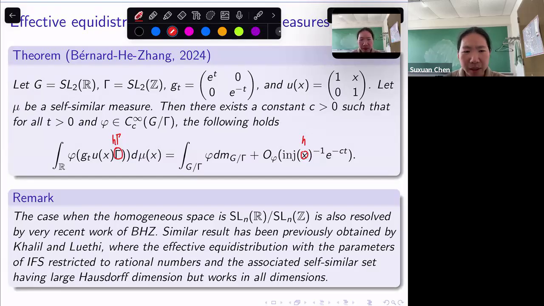They posted it on arXiv maybe one or two months ago, and a similar result has been previously obtained by Khalil and Luethi, where the effective equal distribution is for an IFS with parameters restricted to rational numbers and the associated self-similar set having large Hausdorff dimension, and their work works for all dimensions as well.